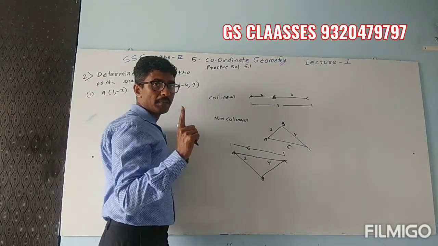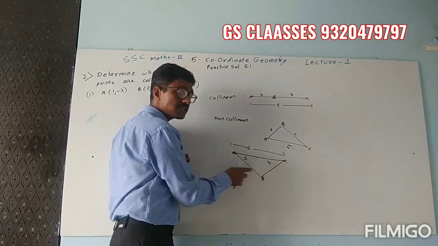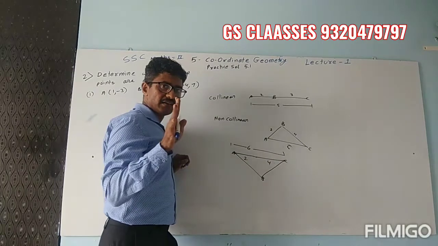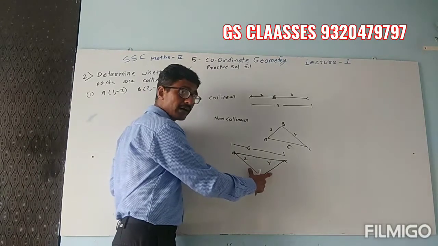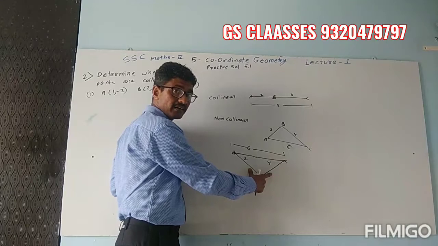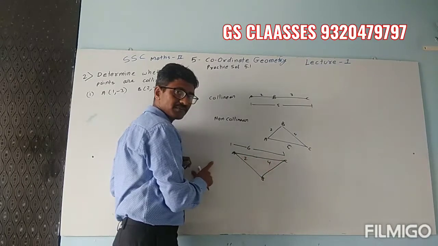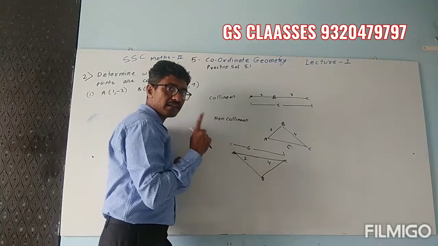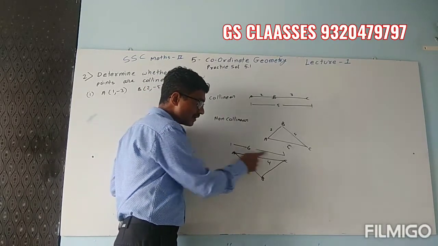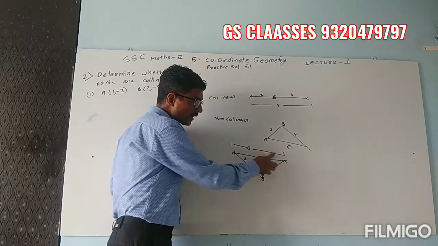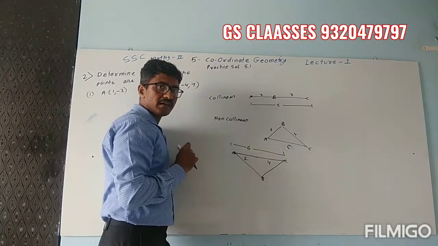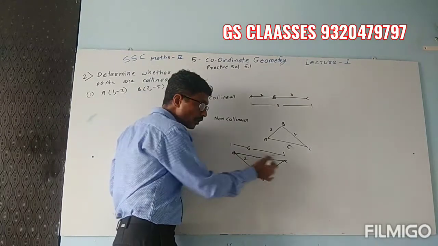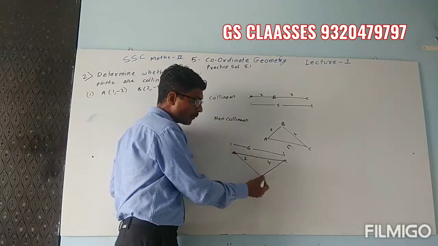And always remember, the sum of two sides of any triangle is greater than the third side. So they are non-collinear, and the points which are non-collinear, which are not on the same line, form a triangle.